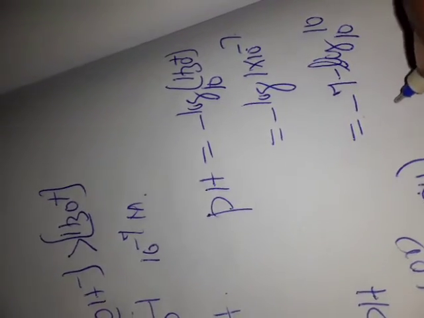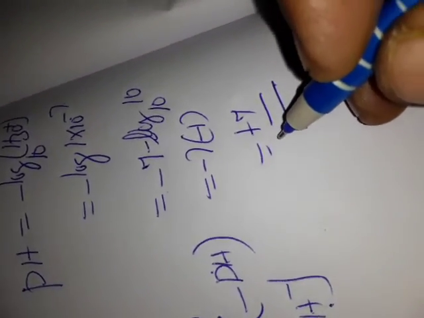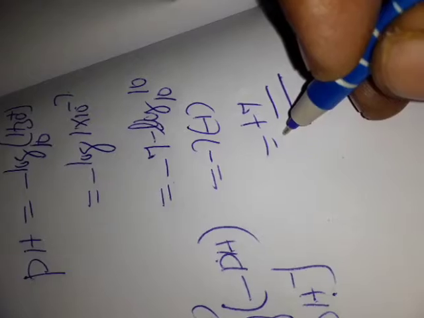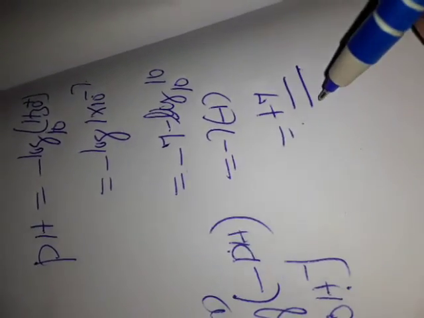The value of log 10 is 1, so that is minus 7 into minus 1, that is plus 7. So the pH value is plus 7.